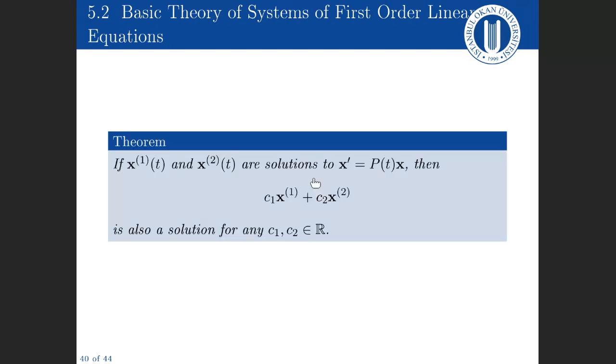If we know 2 solutions to x prime is equal to P(t)x, which is a linear homogeneous equation, then every linear combination of these 2 functions is also a solution. So same idea as in chapter 3.